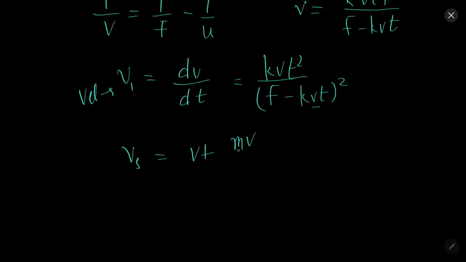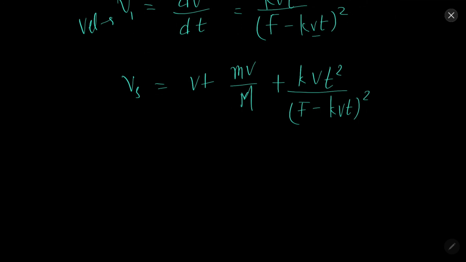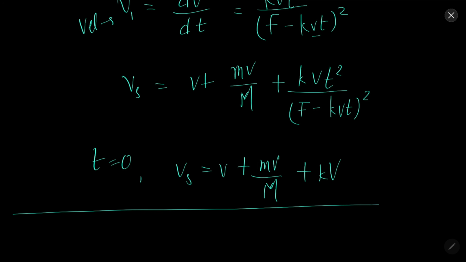Vs will be v plus mv by m plus kv. At t equal to 0, Vs will be v plus mv by m plus kv.